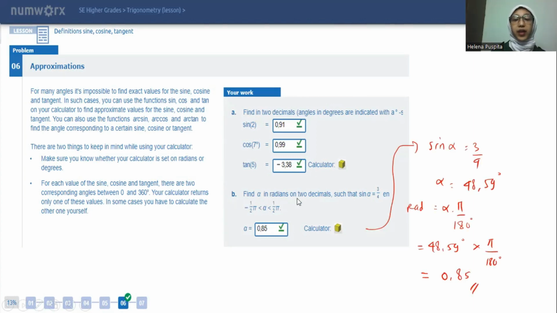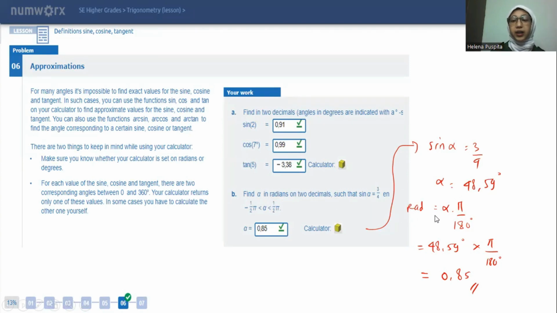Question B. Find alpha in radians to two decimals such that sine alpha equals 3 over 4 and minus 1 over 2 π is less than alpha less than 1 over 2 π. Sine alpha equals 3 over 4. Alpha equals 48.59 degrees.